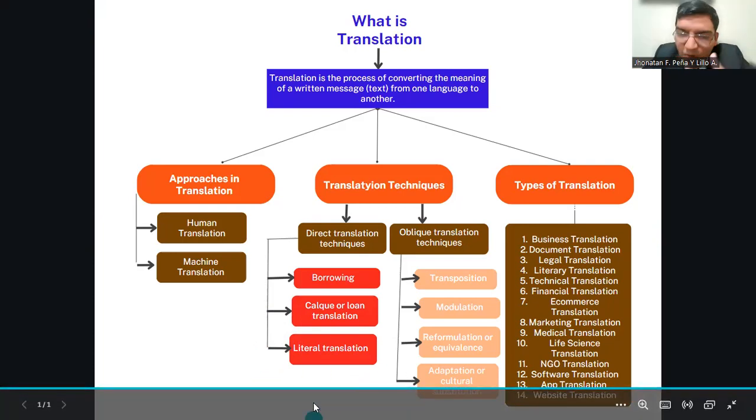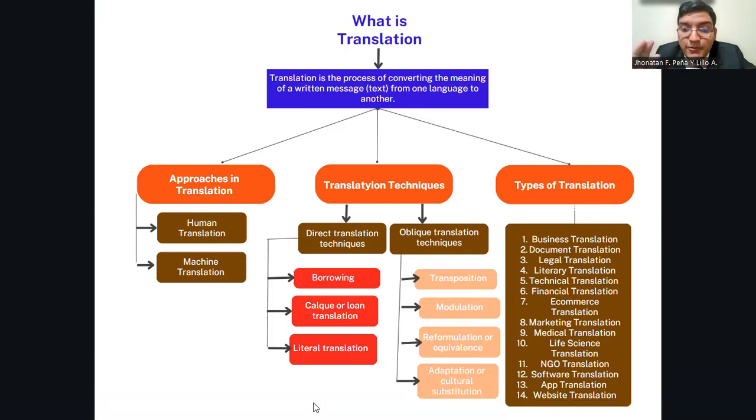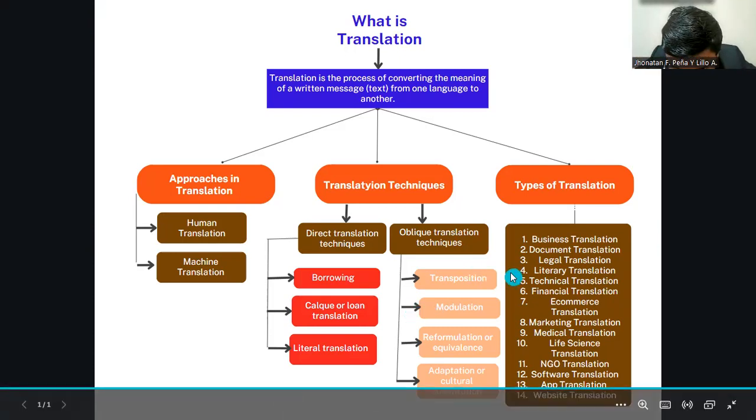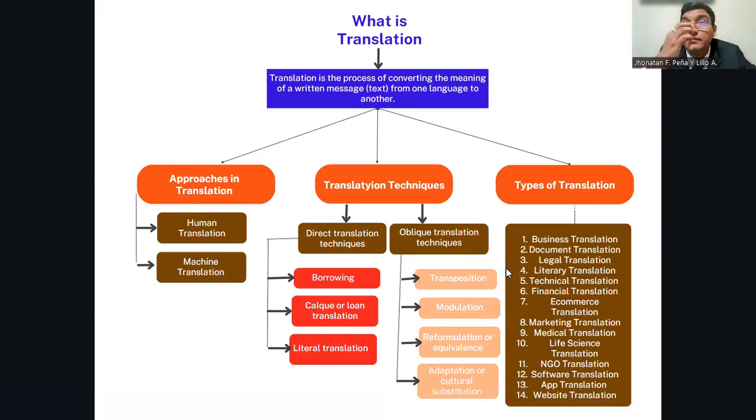Then we have oblique translation techniques. And here we have four main techniques. The first one is transposition. What does it mean? Transposition is the process of changing the order of the words from the source language to the target language, or the word class.